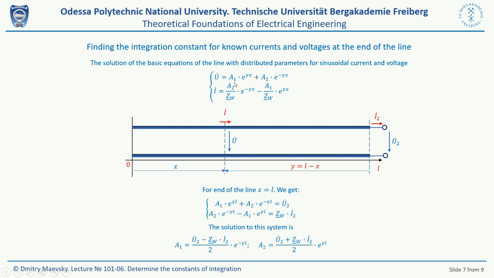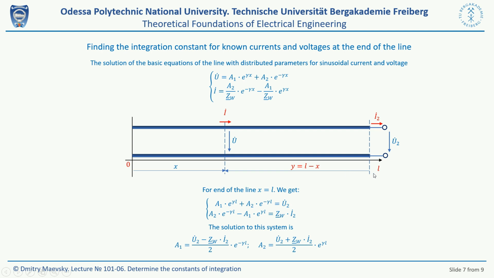It is shown here. Note that the variable x in these equations is the spatial coordinate which is measured from the beginning of the line. However, the same spatial coordinate can also be measured from the end of the line. It is shown in detail in this figure.